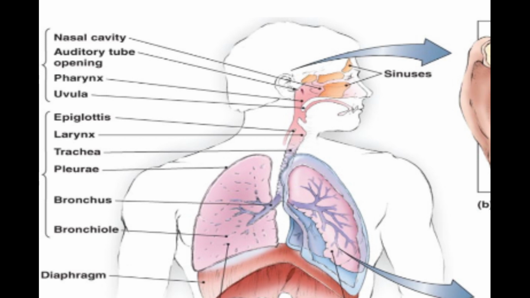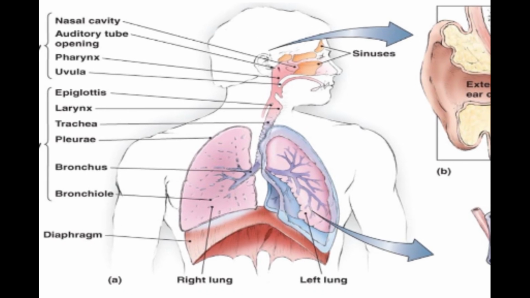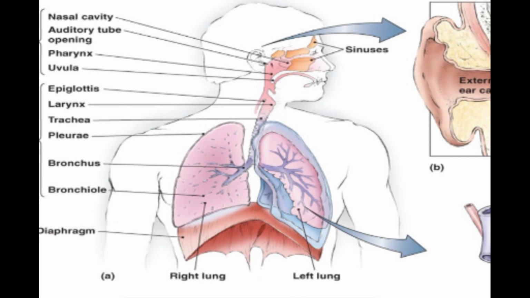The lungs are surrounded by the pleural space, or the pleural cavity, which covers the lungs. In the pleural cavity you find some fluid that helps the movement of the lungs in terms of expansion.